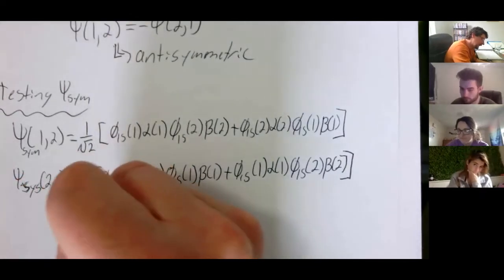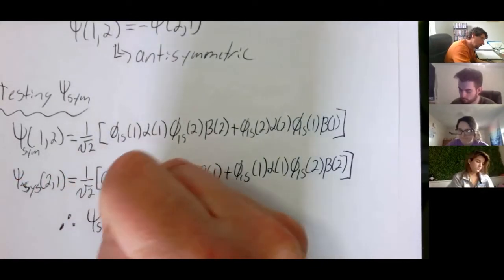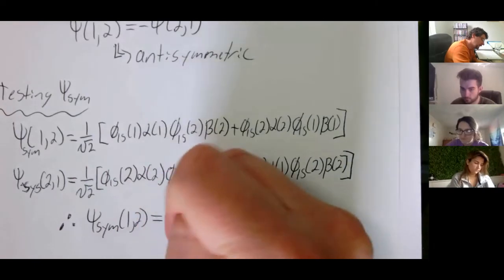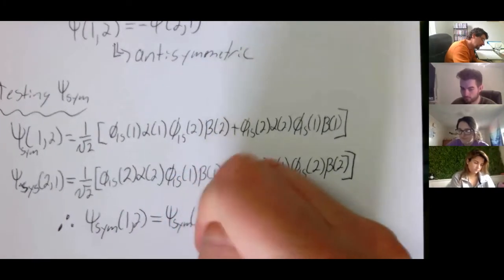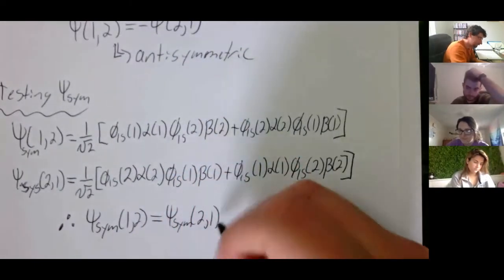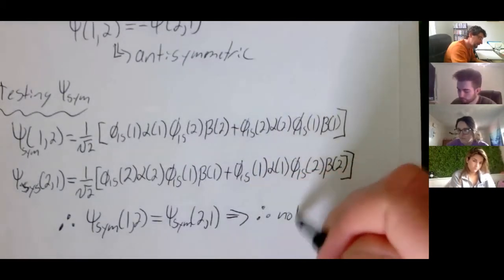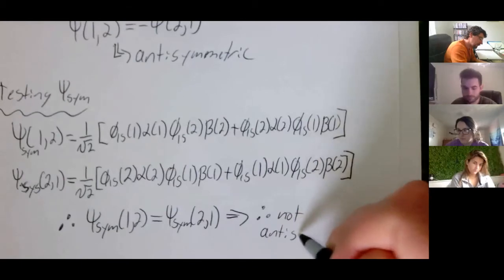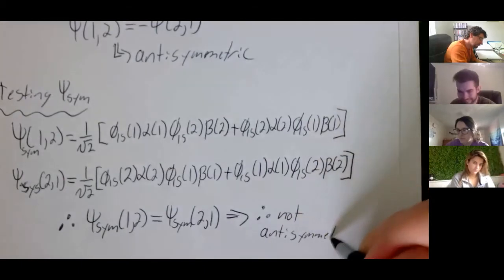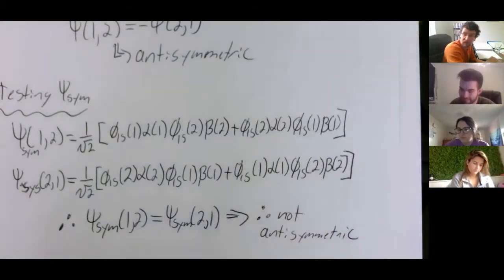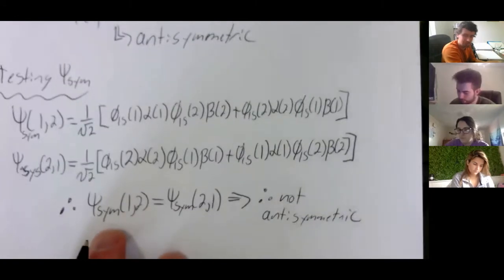Therefore, psi symmetric of 1, 2 is equal to psi symmetric of 2, 1. Therefore, it is not anti-symmetric and doesn't follow the Pauli Exclusion Principle.